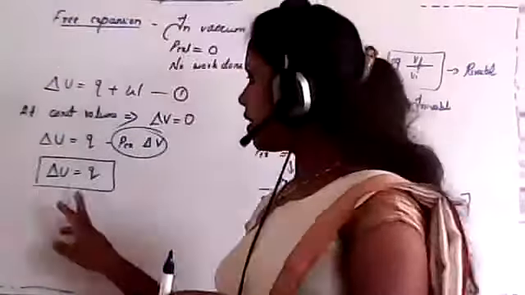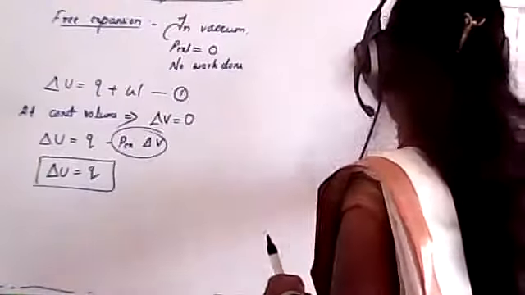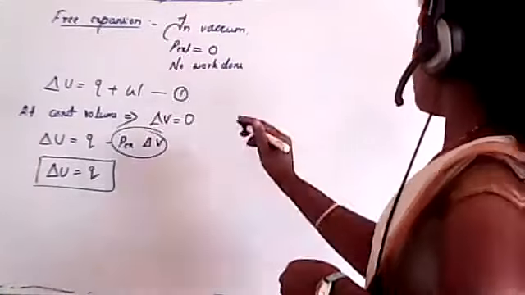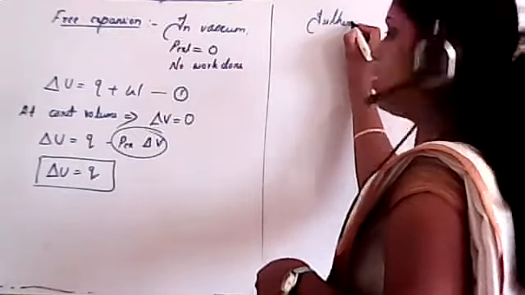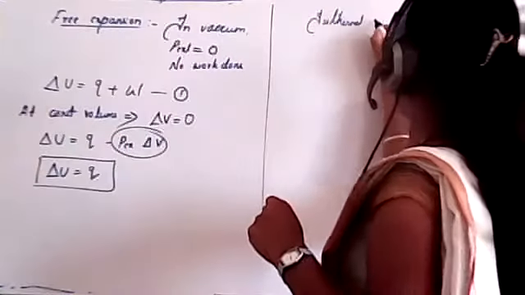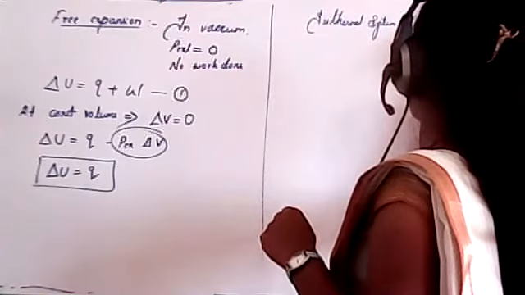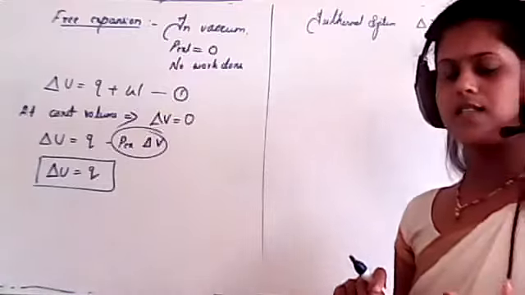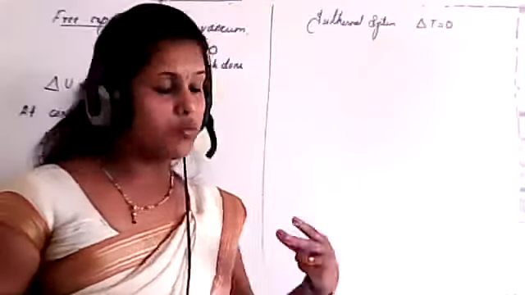Clear? Now another system I'll consider, the isothermal system. For an isothermal system, delta T is equal to 0, isn't it? Yes, temperature will be constant.